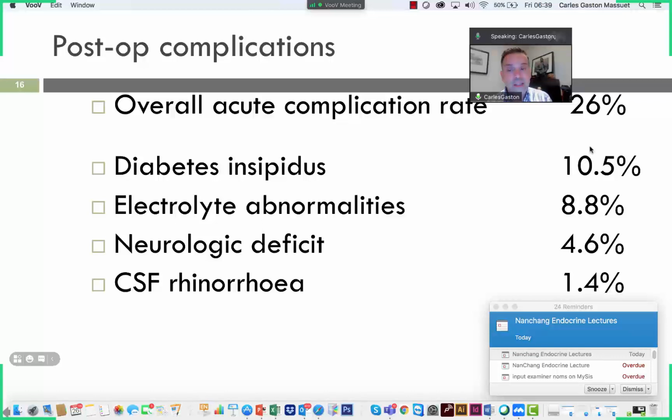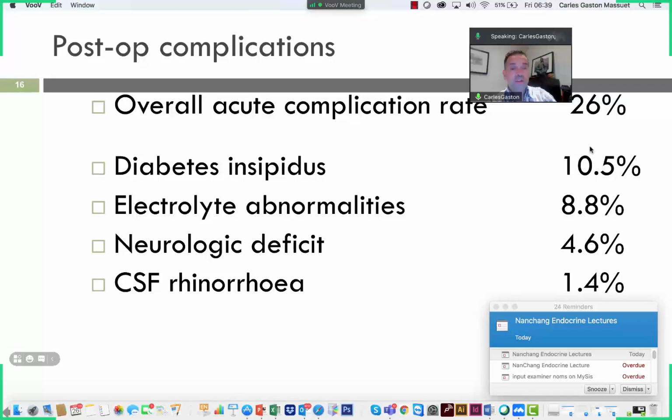Diabetes insipidus is where the antidiuretic hormone or arginine vasopressin is affected. That is by damaging the posterior lobe, the posterior pituitary. If the posterior pituitary is damaged, there is no arginine vasopressin or antidiuretic hormone. Therefore, there is no regulation of osmolality of the blood. And this leads to electrolyte imbalance and can lead to death, right?